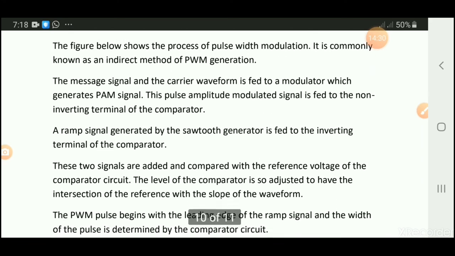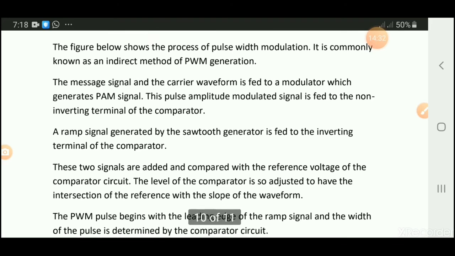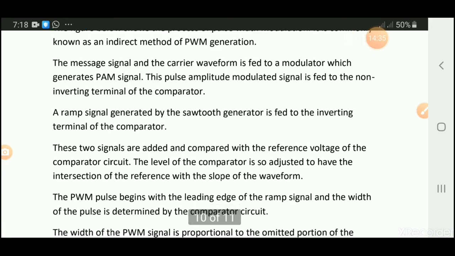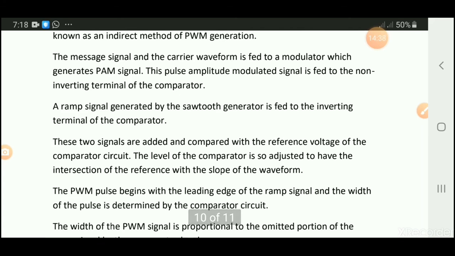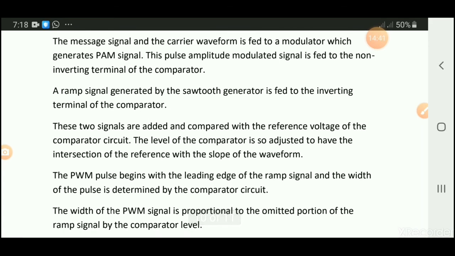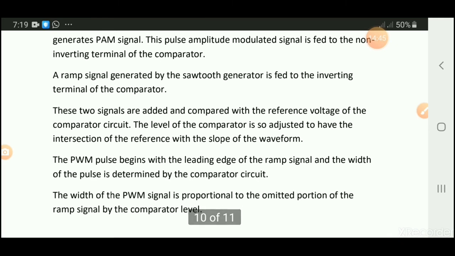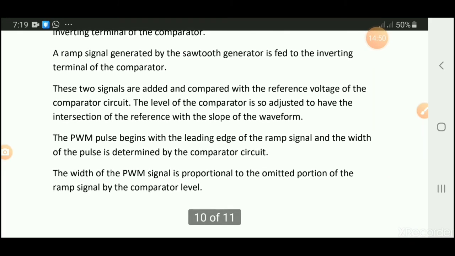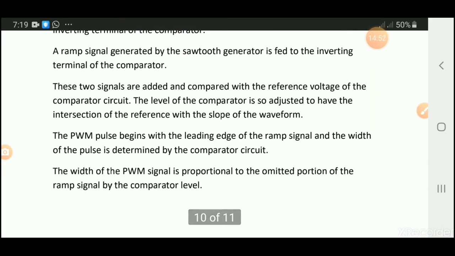The above figure shows generation of PWM. The message signal and the carrier waveform are fed to the modulator, which generates the PAM signal. This pulse amplitude modulated signal is fed to the non-inverting terminal of the comparator. The ramp signal generated by the sawtooth generator is fed to the inverting terminal of the comparator.